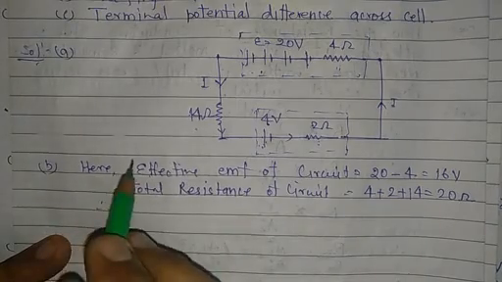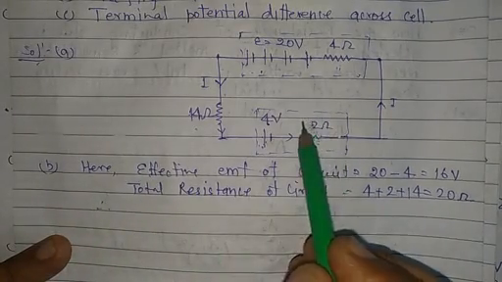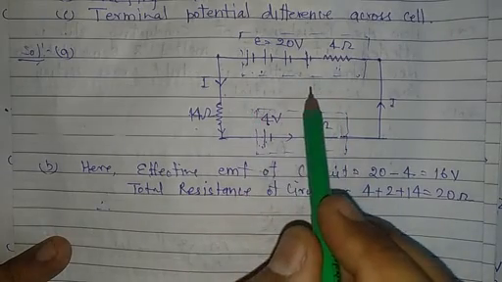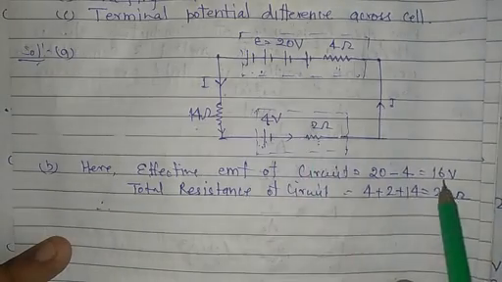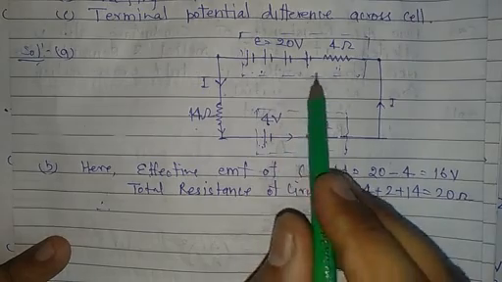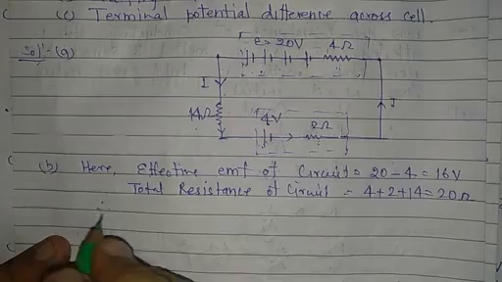Therefore now from the circuit we have calculated the total effective EMF of the circuit, as well as total resistance.